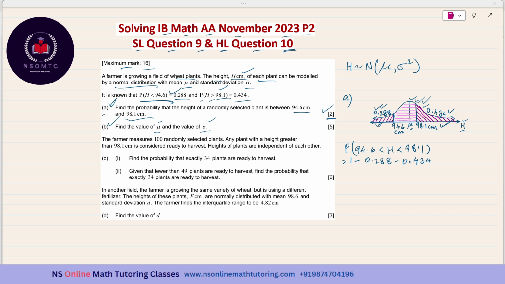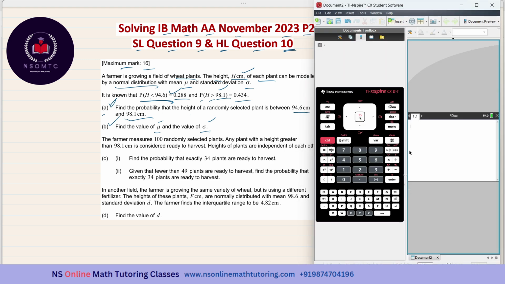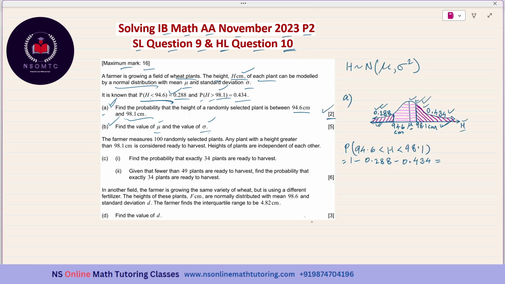We can use the calculator. It is 1 minus 0.288 minus 0.434. Enter. It is 0.278. So this will be the answer for our first subpart.